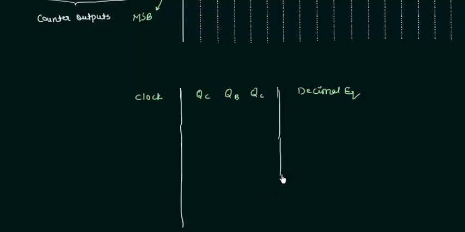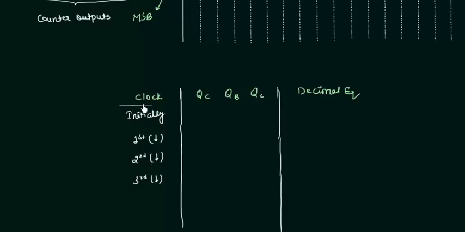We will consider the initial condition when the clock is just applied, and then we have the first falling edge, then the second falling edge, similarly the third falling edge. We will analyze first these 3 falling edges, then we can move forward to the 4th, 5th, 6th, 7th and 8th falling edge.